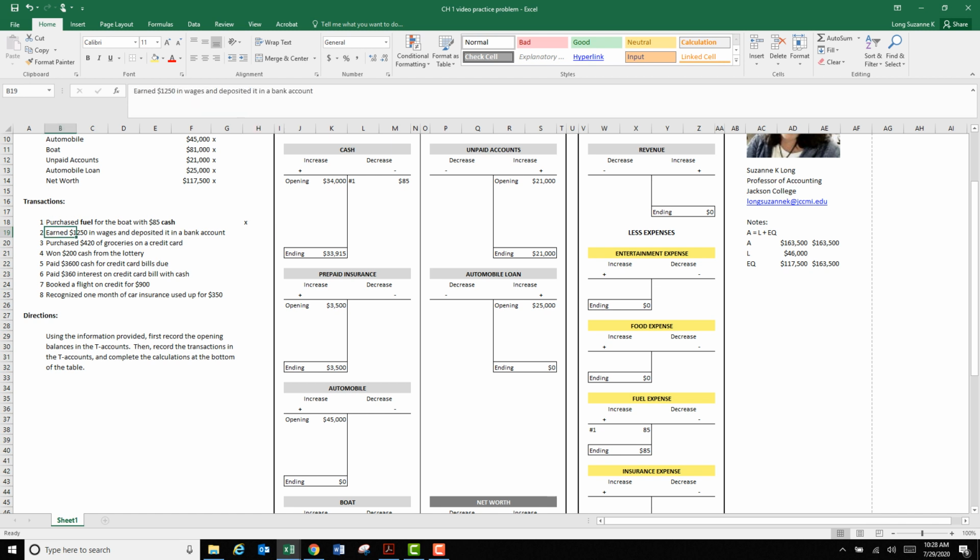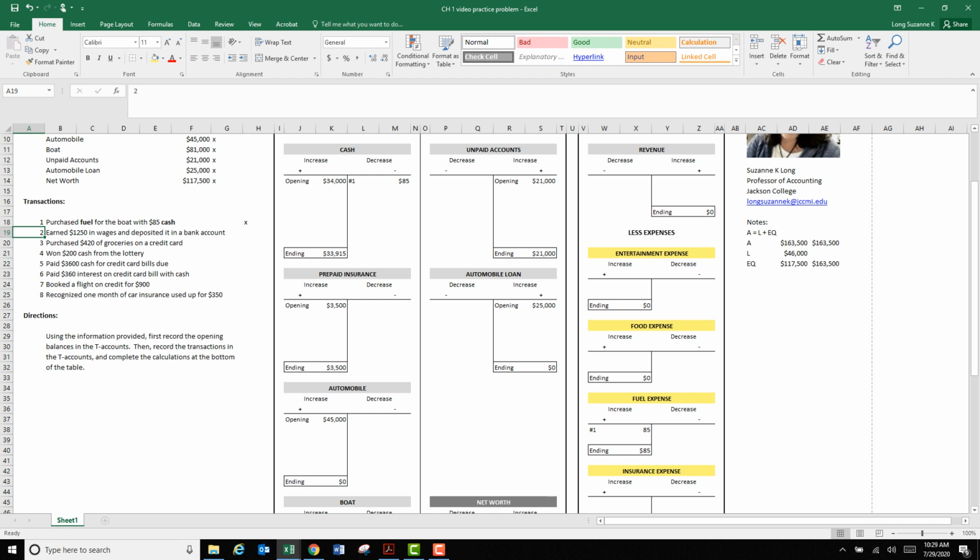Let's look at the second one. Earned $12.50 in wages, deposited in a bank account. So I'm pausing because it's really important that you read this. And of course you can read in your head and think it through in your head. It's even better if you say it out loud. Who cares what people think or where you are?